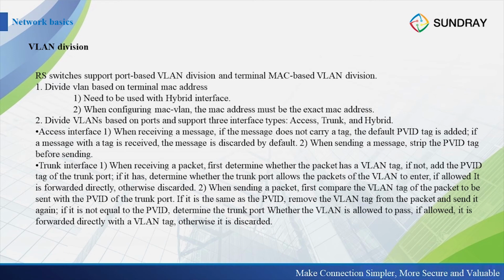So for the VLAN, I think most of our engineers already understand. For the trunk VLAN and the access VLAN, we just need to know that the access VLAN only allows the traffic in this VLAN to pass.